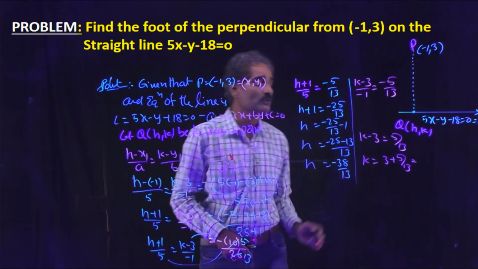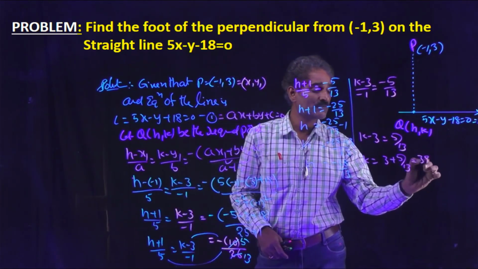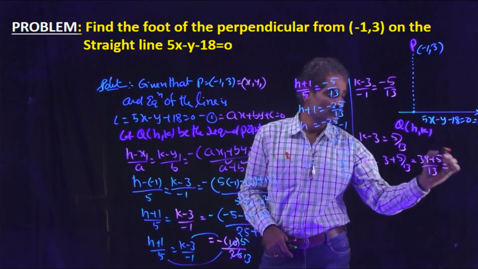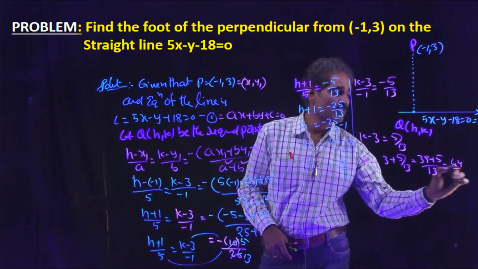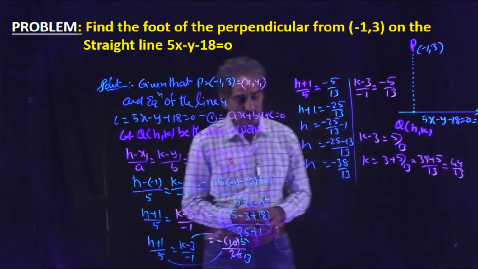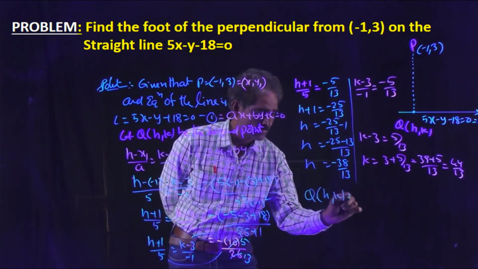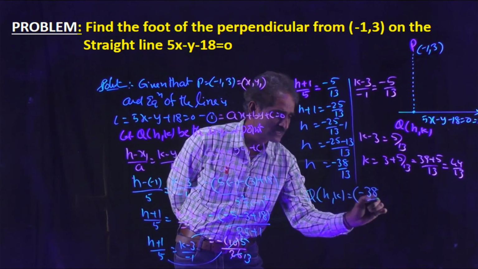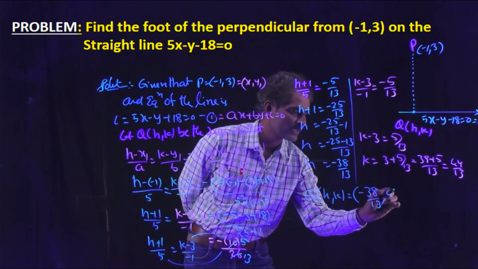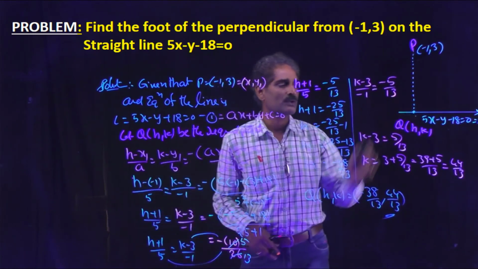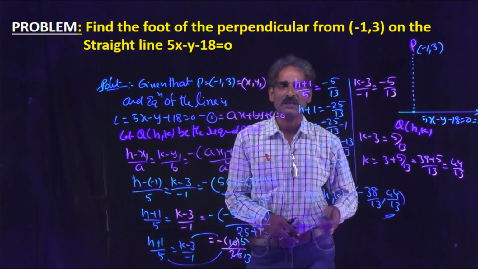That is equal to (39 + 5)/13. So the value of this is equal to 44/13. Now the required point Q(h, k) is equal to (-38/13, 44/13). This is the required point, the foot of the perpendicular of P on this line.